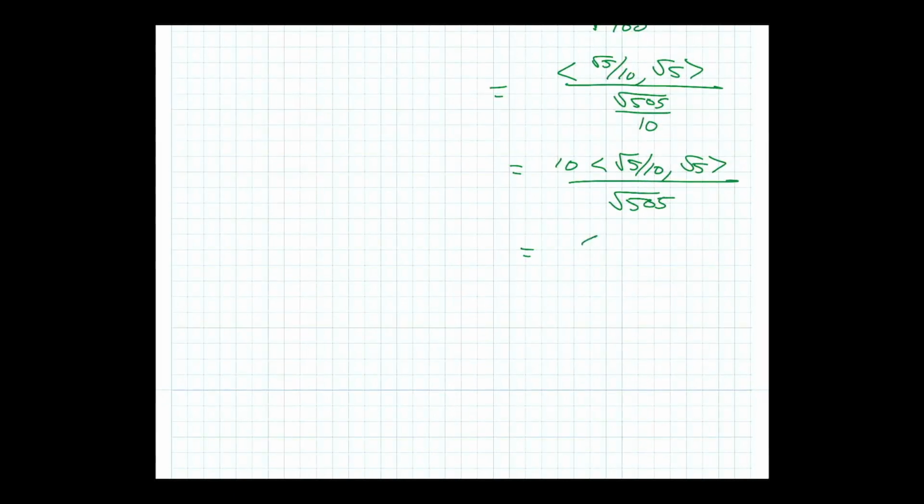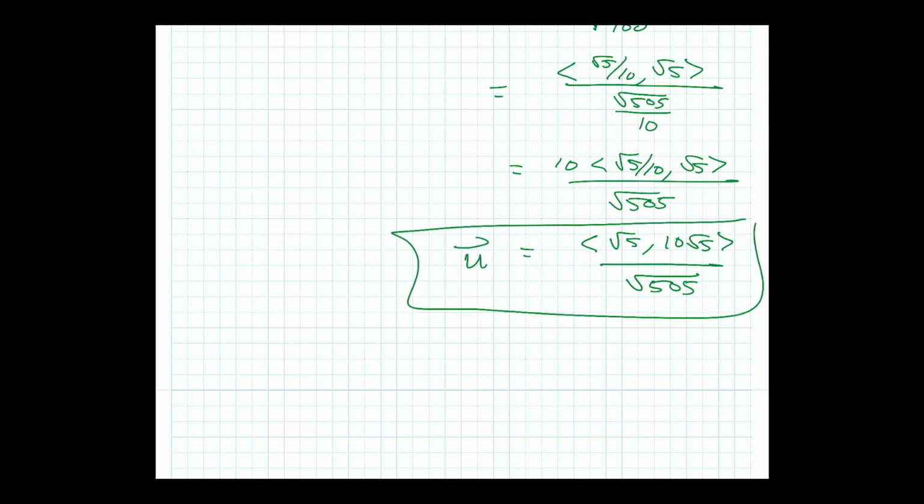Multiply that 10 through, you get 10 square root 5 over square root 505. And you can rationalize that, but you know what? I'm done. I've decided I am done. Type that into Wolfram Alpha if you want it normalized. Just leaving it. Okay, so there's your unit vector.